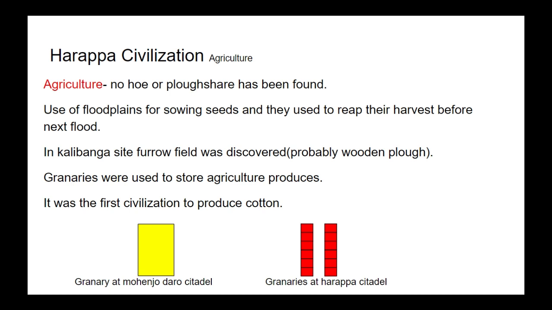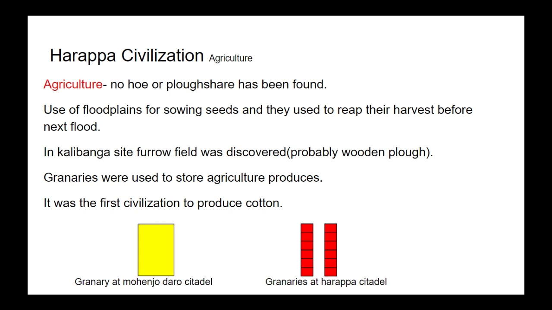We found the Great Granary at the Mohenjo-daro Citadel, and we found the same size of granaries at the Harappan Citadel, but in 12 different sections.